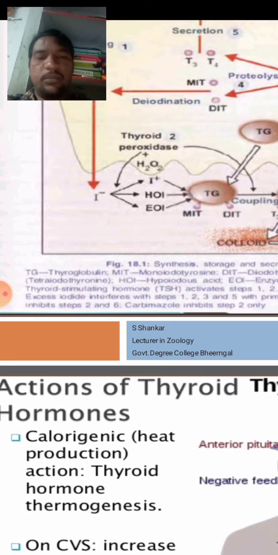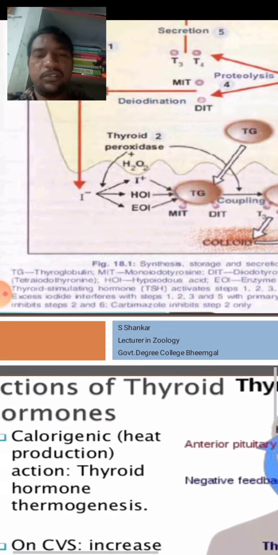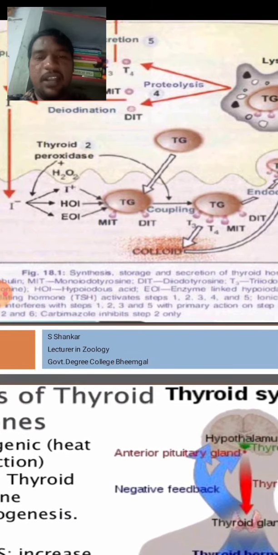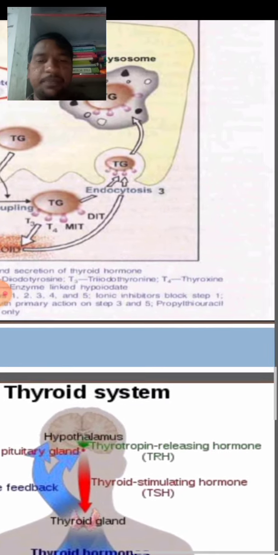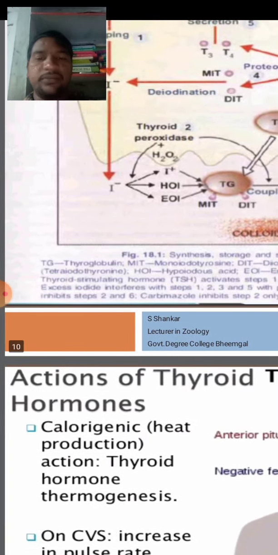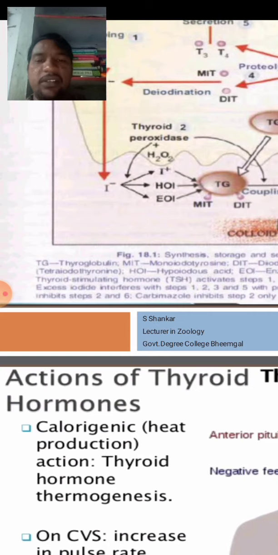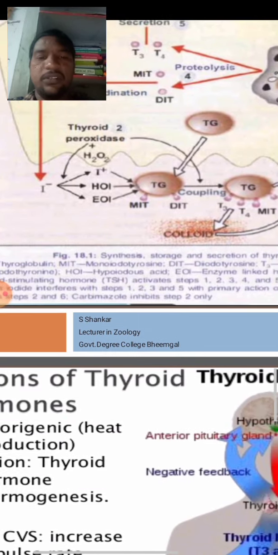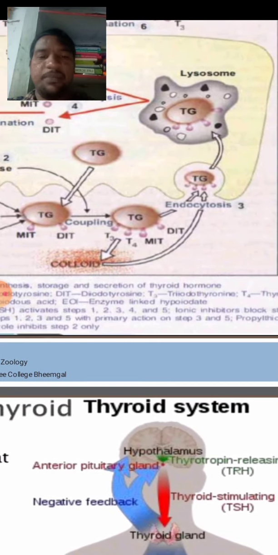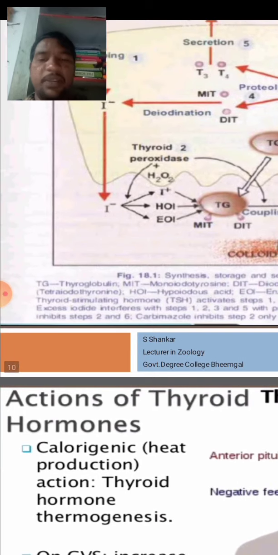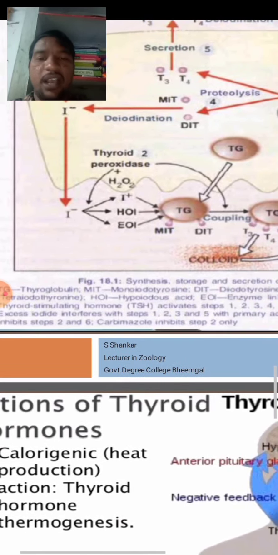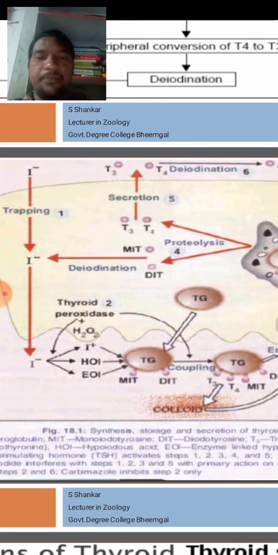Thyroid stimulating hormone, TSH, activates steps. Ionic inhibitors block step 1, and excess iodide interferes with steps 1 to 5, with primary action on steps 3 and 5. Propylthiouracil inhibits steps 2 and 6, and carbimazole inhibits step 2 only.